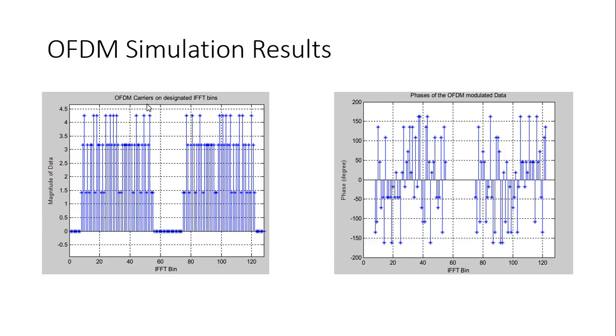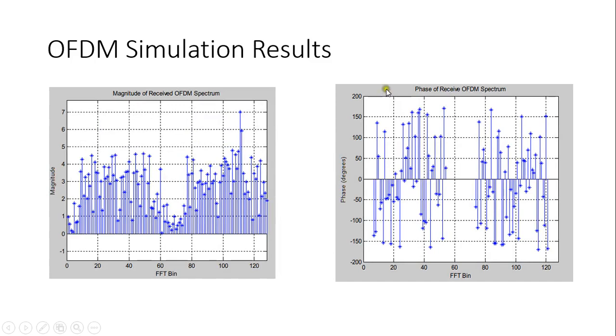In order to generate the real valued time signal, OFDM carriers must be defined in complex conjugate pairs. The figure on the left is the OFDM carriers on the IFFT bins, and on the right are the phases of the OFDM modulated data.